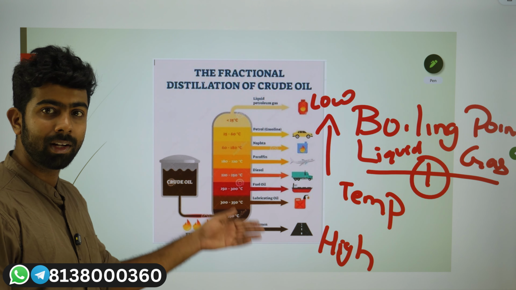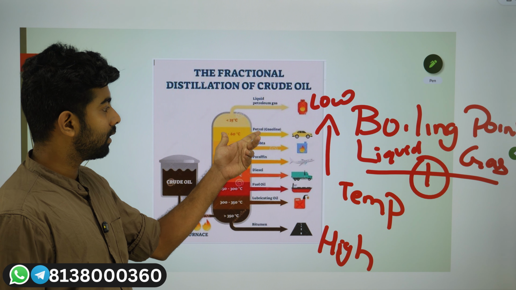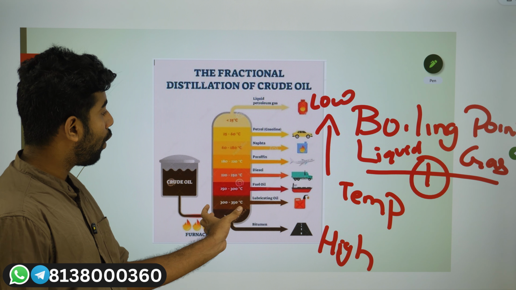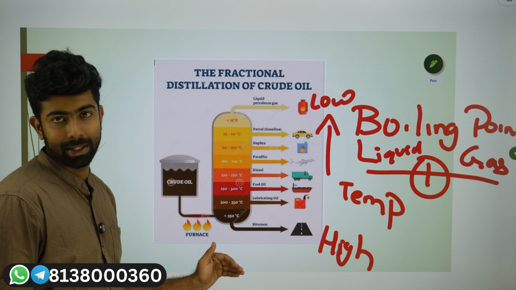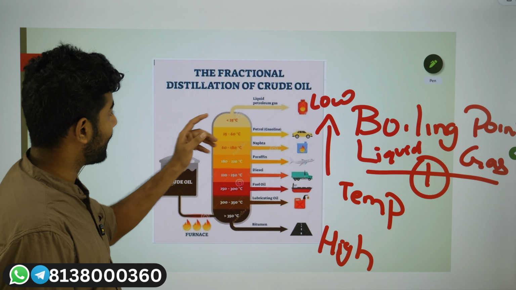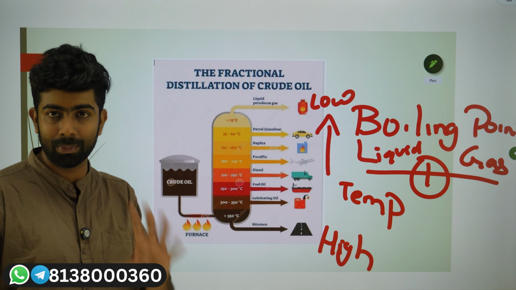When the vaporized crude oil passes through this tower, at the top we only see those substances with a lower boiling point, because all the other products will be liquefied at a higher temperature. I hope the idea is clear.